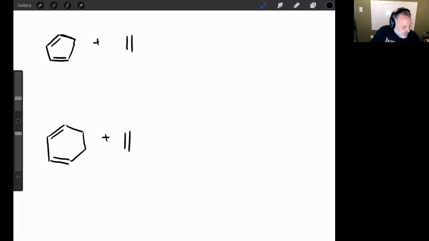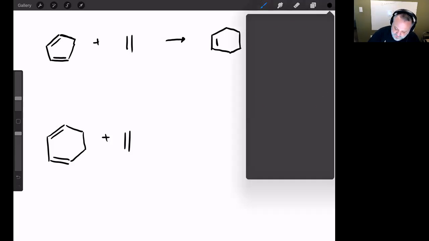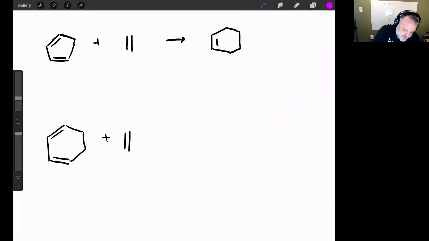And so what happens in this case is that you still form a six-membered ring. And the problem is if I draw it like this, then what's happening to the other part of the ring, the five-membered ring that's not involved in the mechanism? And so the mechanism involves this ring formation. So what's happening with that?